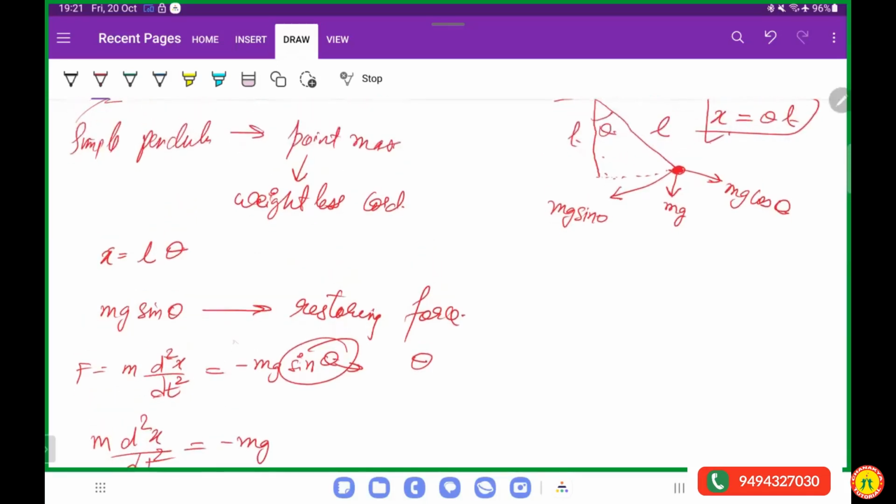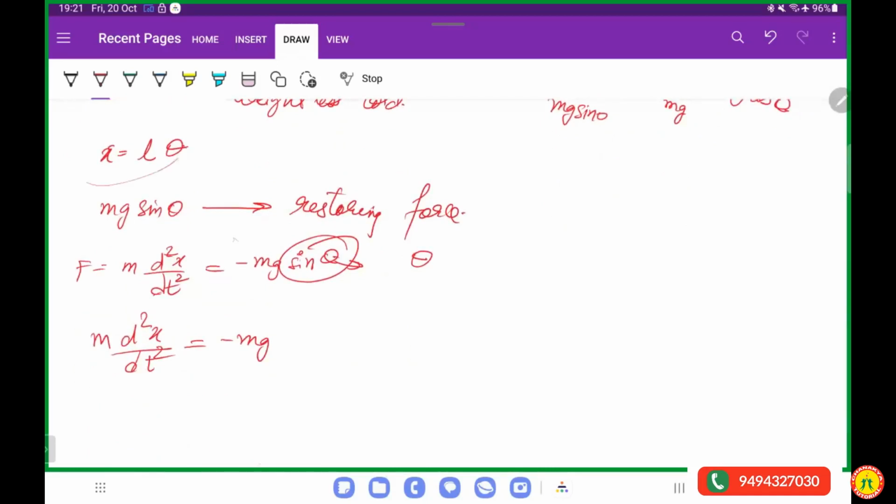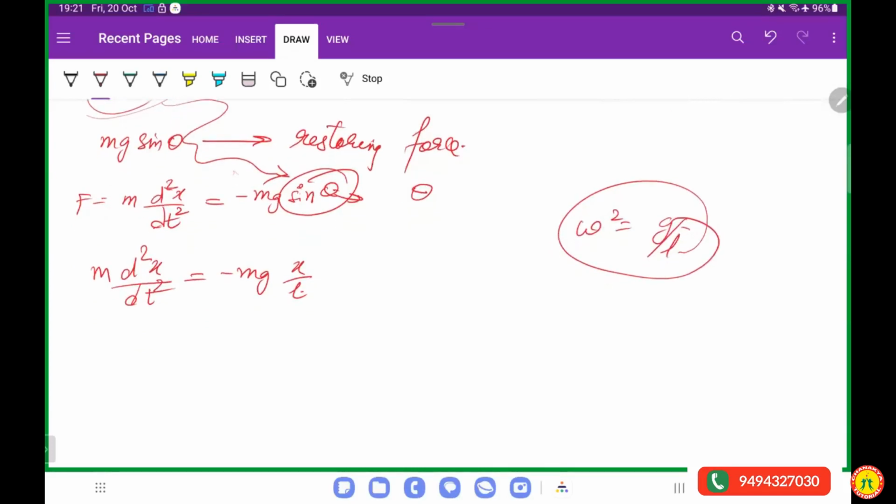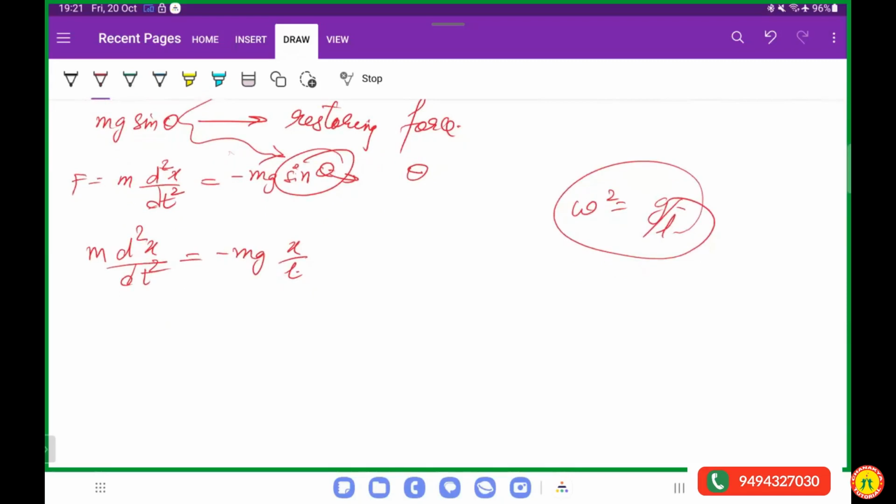Theta equals x by L from this equation. So omega square equals g by L. If we substitute here for simple harmonic motion, T equals 2 pi by omega, which is 2 pi root of L by g.